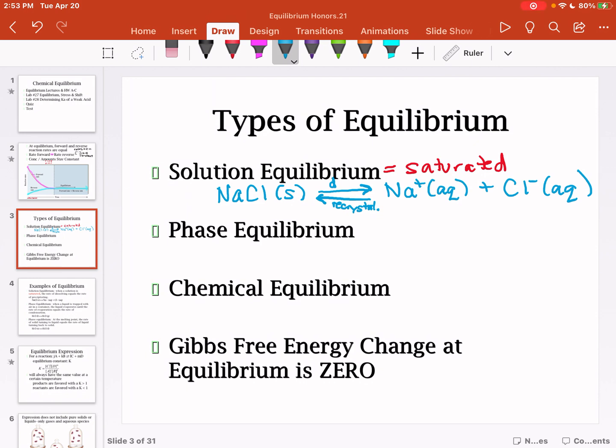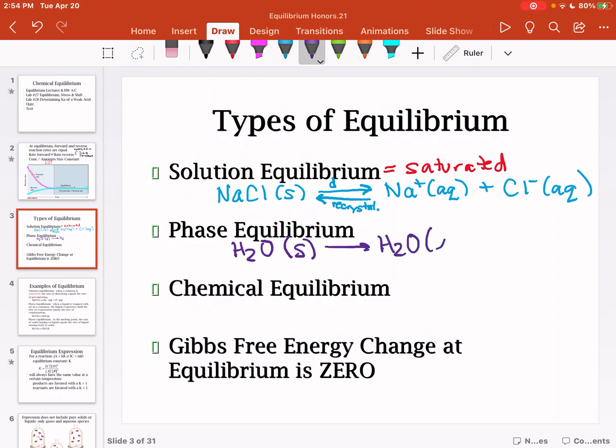If I consider phase equilibrium, anytime I'm at melting point, freezing point, boiling point, or condensation point, for lack of a better word, I am going to experience phase equilibrium. So say, for example, I am at melting point. If I've got some ice here, ice will melt.